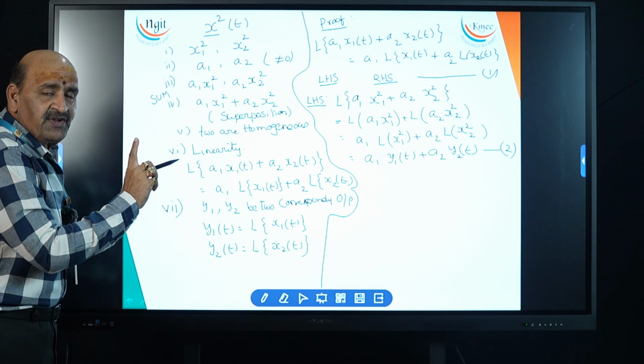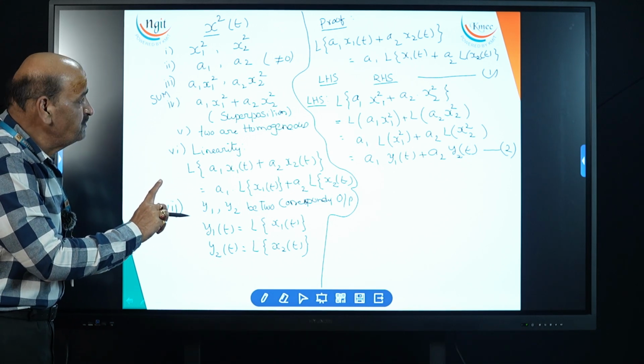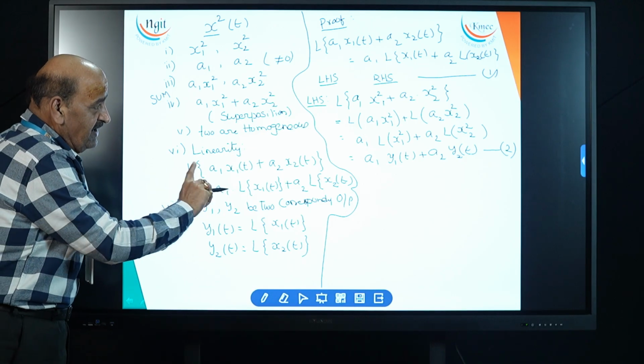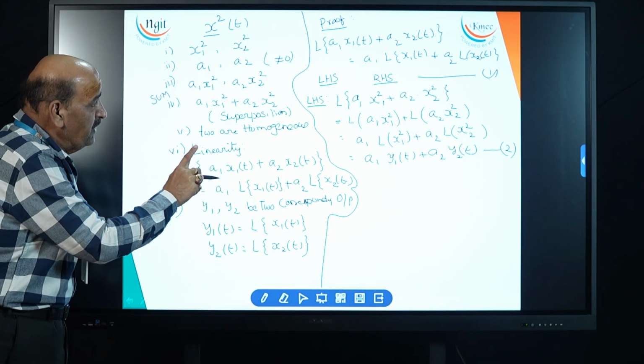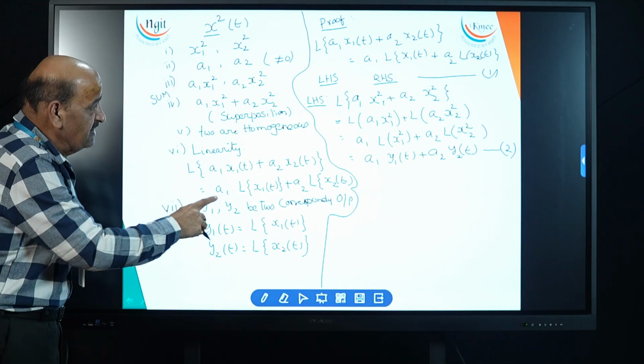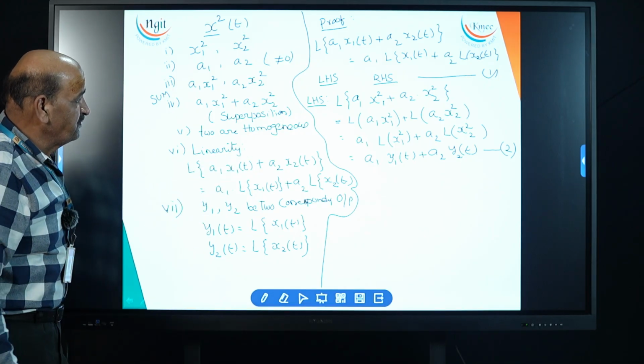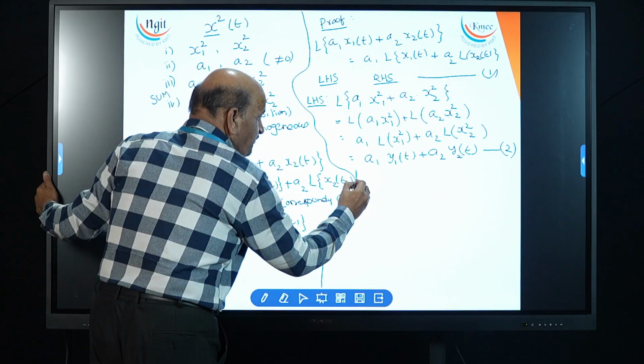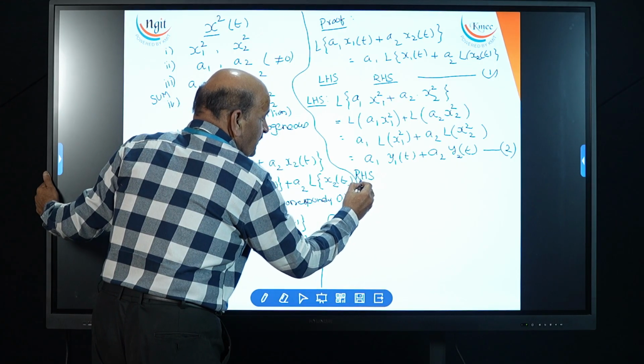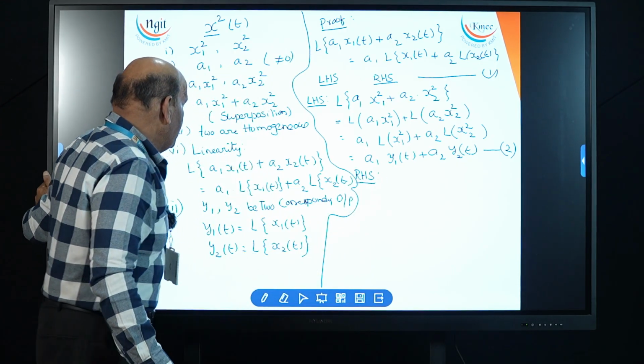We simply substituted the superposition value and divided it, that means we made the single signal into two different signals, that summation. Now, next go for the RHS. What is RHS?